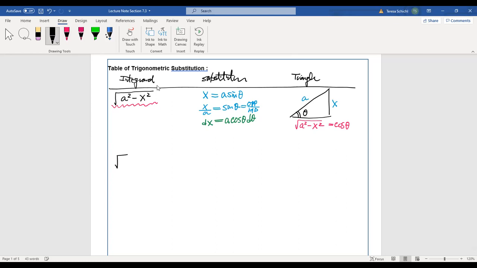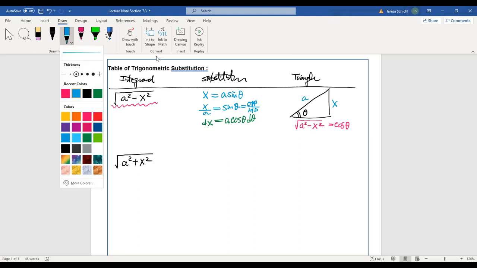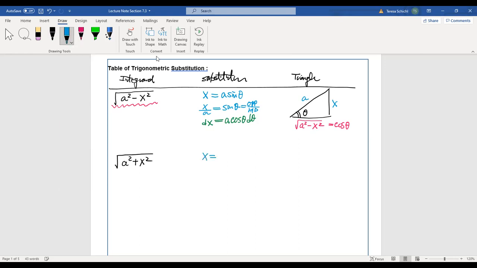So if I have a square plus x square, then what is my substitution here? In here, let me color code that. So we can say x is equal to a tangent theta.